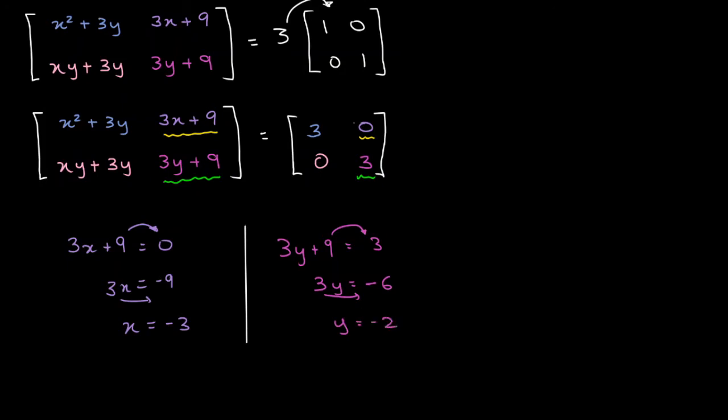Right, so this finally gives us the answers. x is equal to minus 3 and y is equal to minus 2. Let's mark that as our answer. Draw a neat little rectangle around it. So these are the values for x and y.